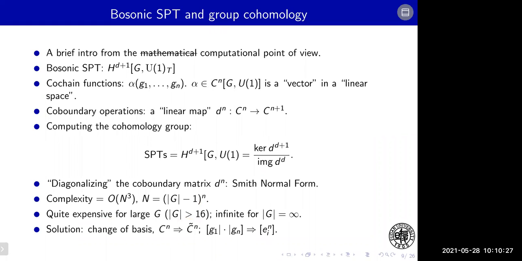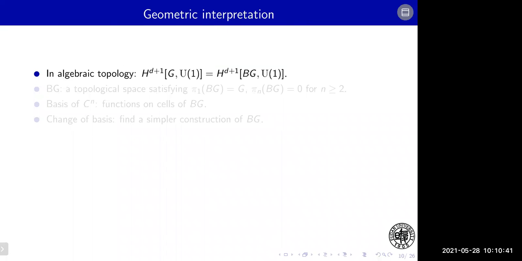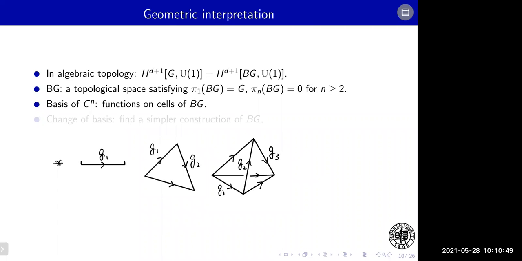So the solution to this is that we can change the basis and use a much smaller basis, which mathematically is known to generate the same cohomology groups. To give you some ideas, the mathematical construction behind this is that the basis we're using is actually some cells of a classifying space.